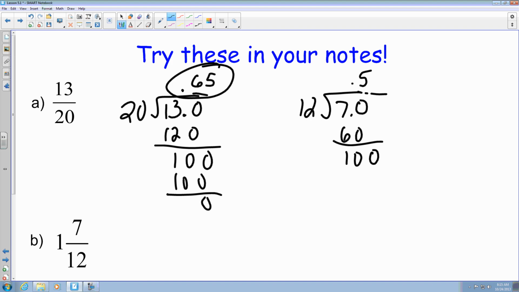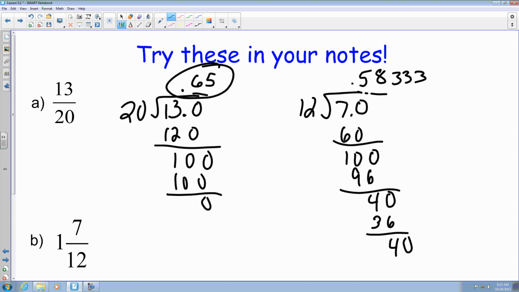And that would be 8. That gives me 96. This gives me 4. Drop down a 0. 12 goes into 40 3 times, so that's 36. This gives me 4. And looks like I'm going to find a pattern of 3s.